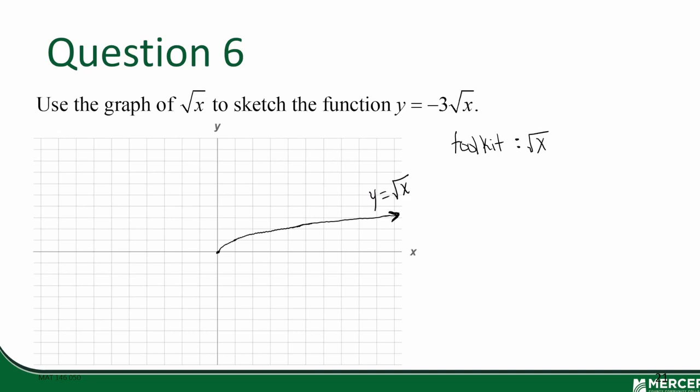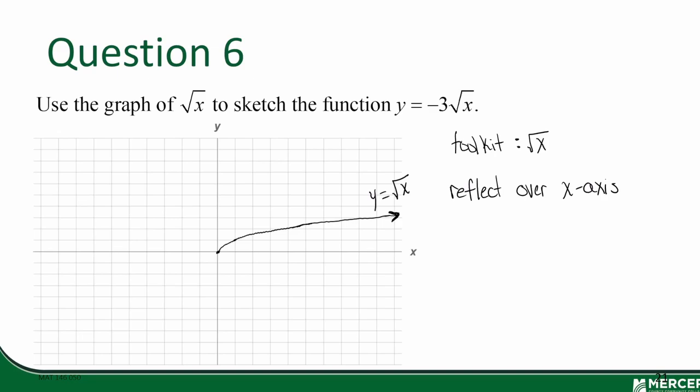Identify the toolkit. Now identify the transformations. You reflected over the x-axis. 5, negative 3. You compress it by 3.